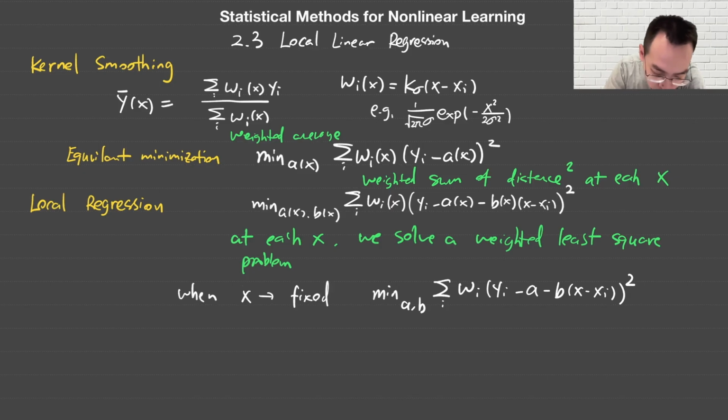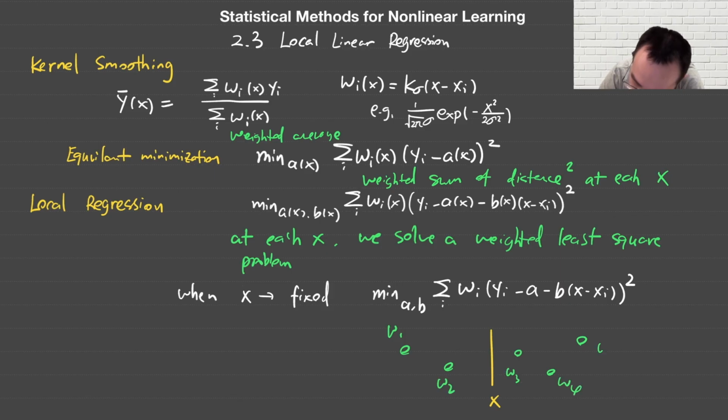If I'm to draw this, suppose here is our data point x, then we are doing a regression using the points of the data. Each point will be given a weight, so let's say these are weight 1, weight 2, weight 3, weight 4, weight 5. What we are solving here is that we want to fit a line based on this weighted least square problem.